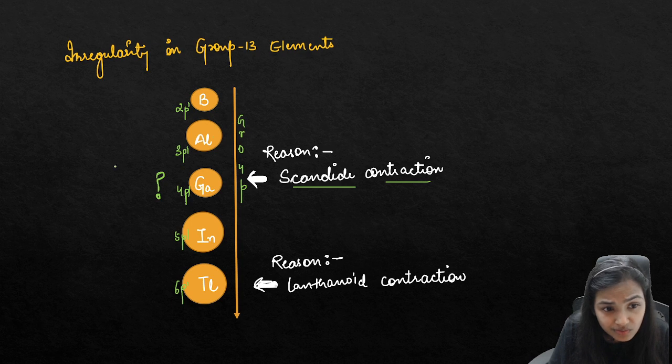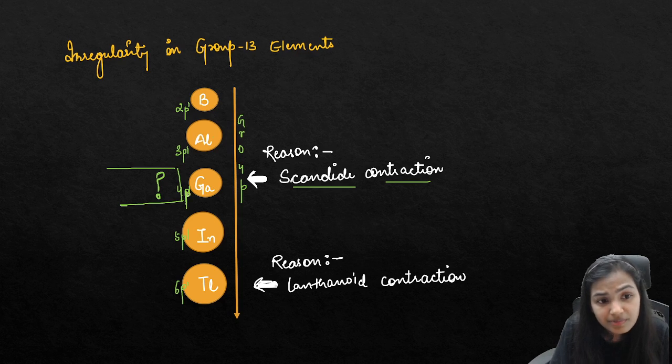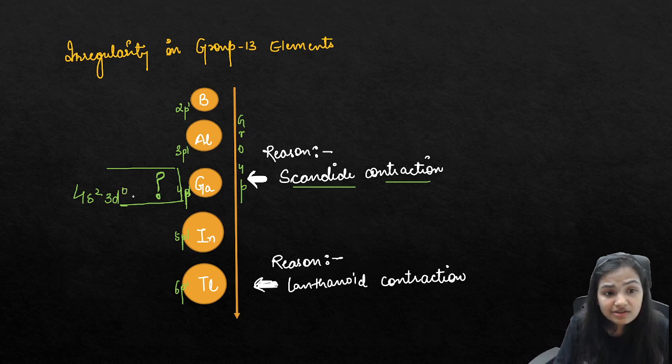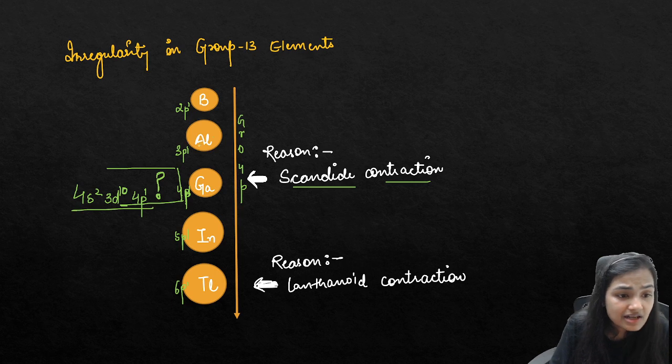When you are moving from boron to aluminium and gallium, in the case of gallium, when we have a 4p orbital, we have the electronic configuration 4s2 3d10 4p1, right? While in the case of aluminium, we just have 3s2 and 3p1 as the electronic configuration.